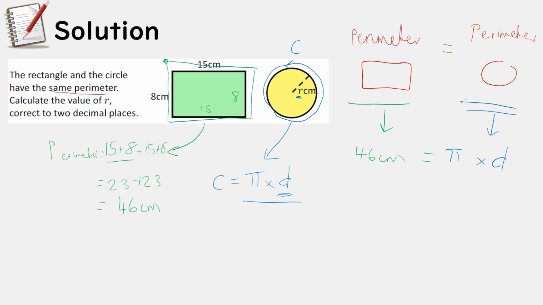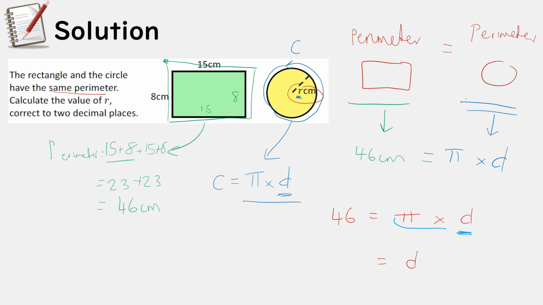We've got a very similar sort of looking formula as we had in the last question. So we've got 46 centimetres has got to be equal to pi times whatever the diameter of that yellow circle is. Well, I want to find out that diameter because if I find out the diameter, I can then half it to find the radius. So how do I get a diameter on its own?